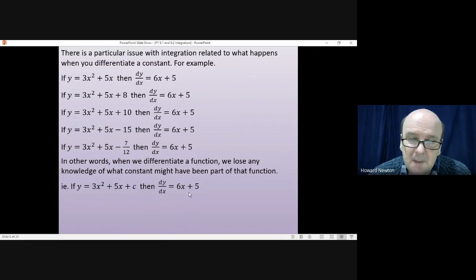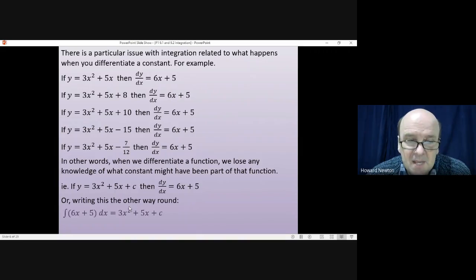Now, if I write this backwards, and instead of differentiating, I integrate the answer, then the integral of 6x plus 5 will equal 3x squared plus 5x plus some constant that I don't know. It is possible to work out that constant if you're given extra information, but if you're not given any information, you do just have to leave it as plus c, plus some arbitrary constant.